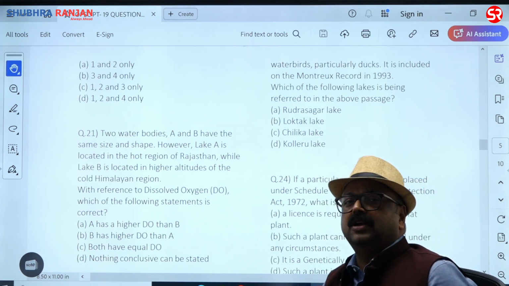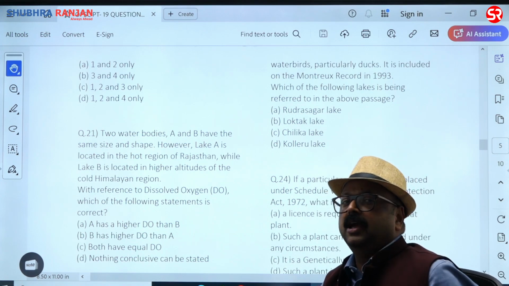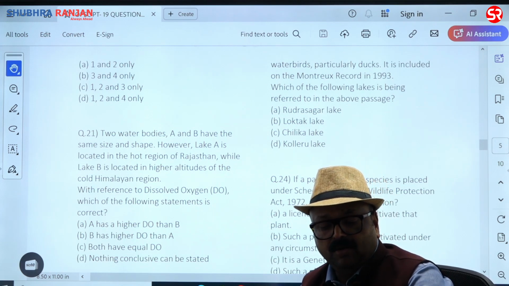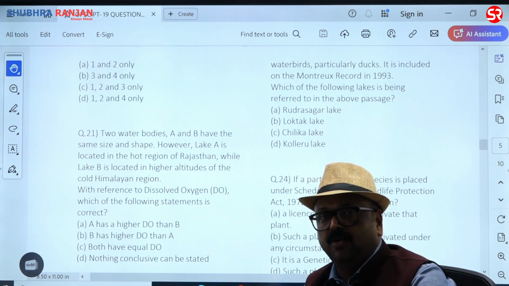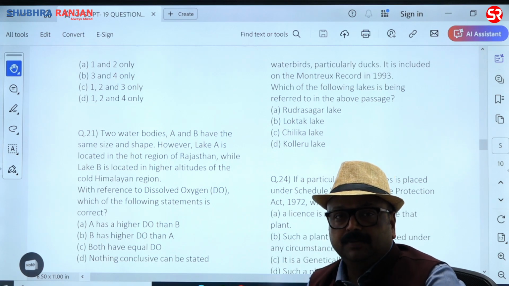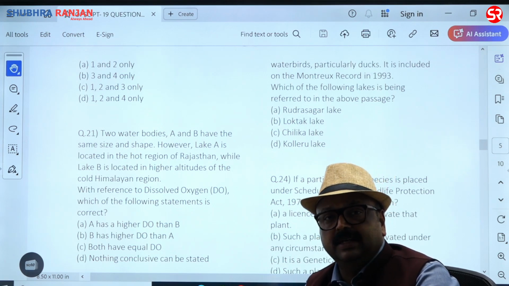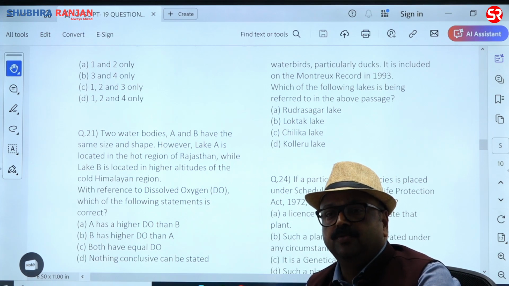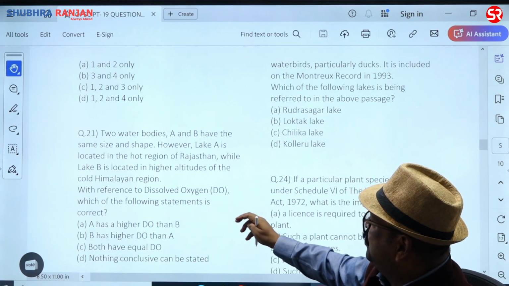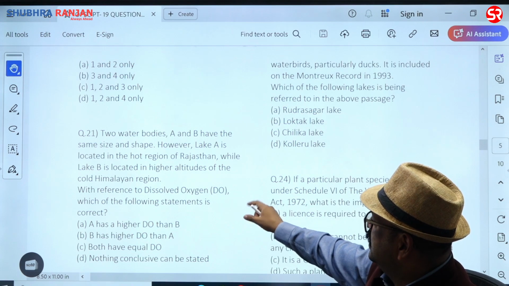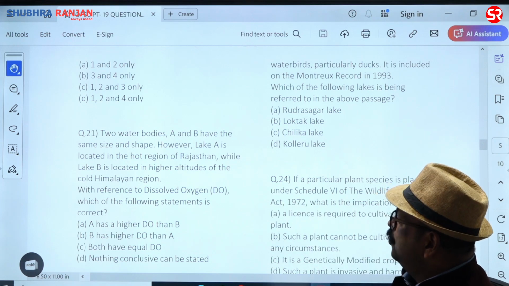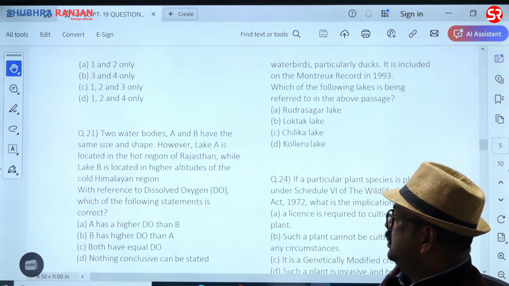Dissolved oxygen is the lifeline of the aquatic ecosystem. Oxygen comes inside the water either through simple diffusion or through autotrophs present in the water doing photosynthesis. But the question is not mentioning everything, so it is very difficult to quantify the dissolved oxygen in both cases.